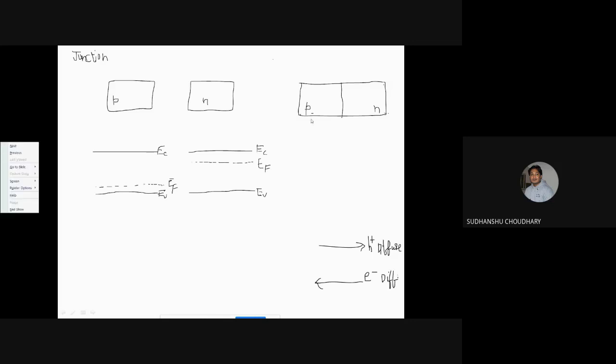Okay? So when holes diffuse from P to N region, they have left the P region and now they are in the N region. So obviously that means the overall charge of this P-type region has changed.